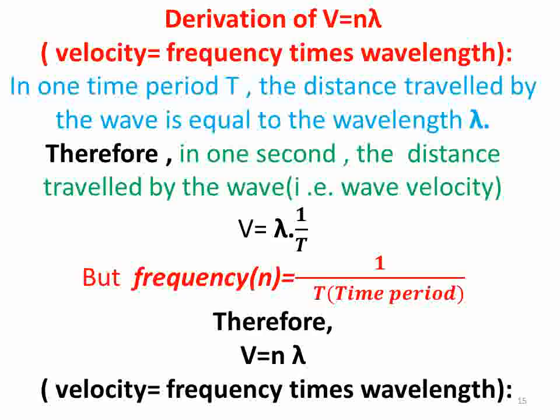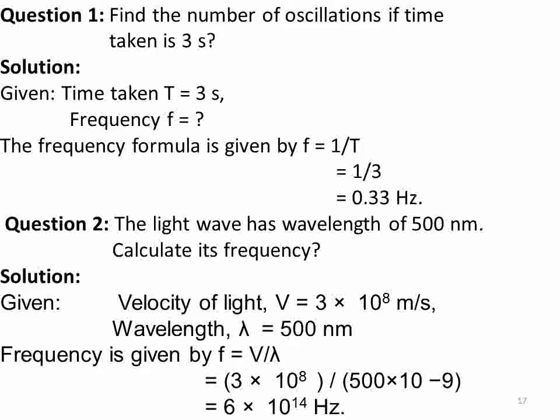If we combine the two definitions, then the wave velocity is equal to wavelength upon time. These are the questions shown here: time period calculation and wave velocity, as per the example v is equal to n lambda, which we have discussed in the previous slide.